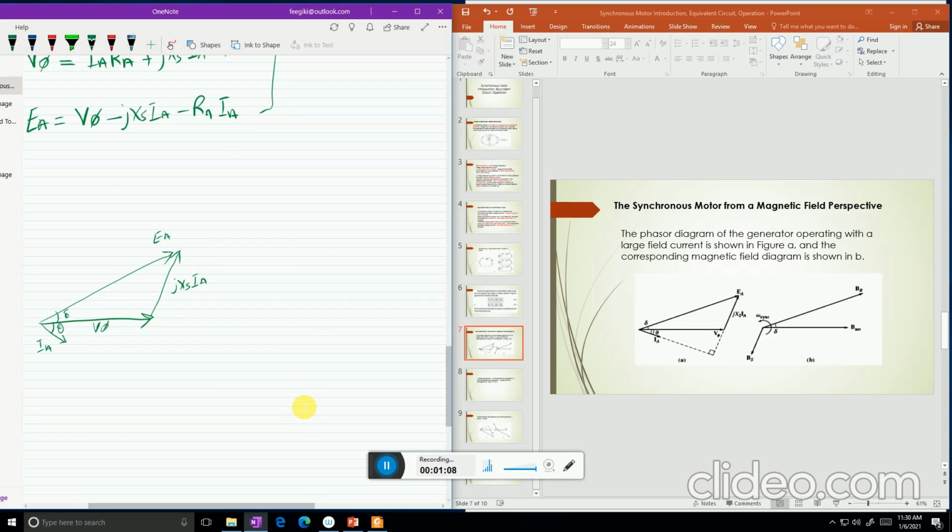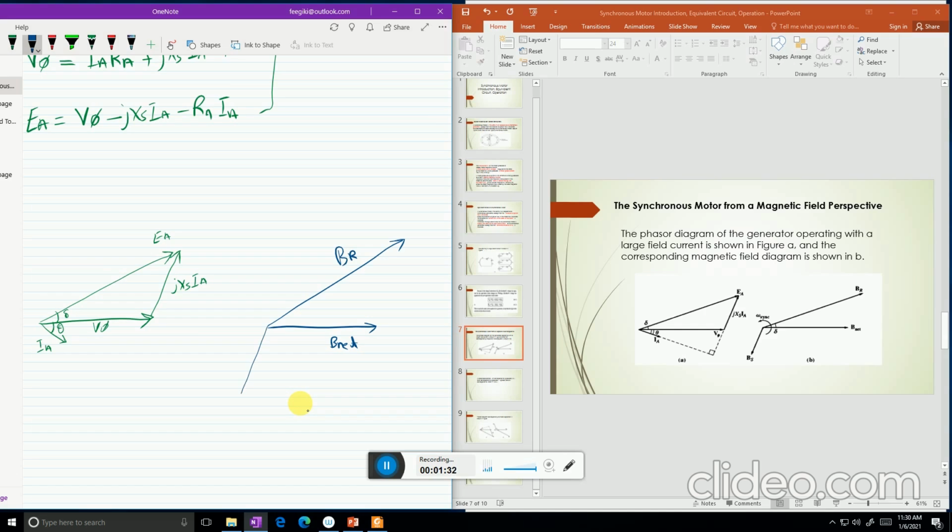As we already studied, this is B net, that B net corresponds to V phase, BR corresponds to EA, and BS corresponds to armature reaction.